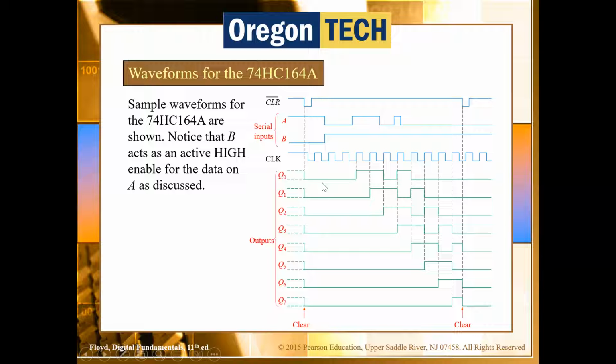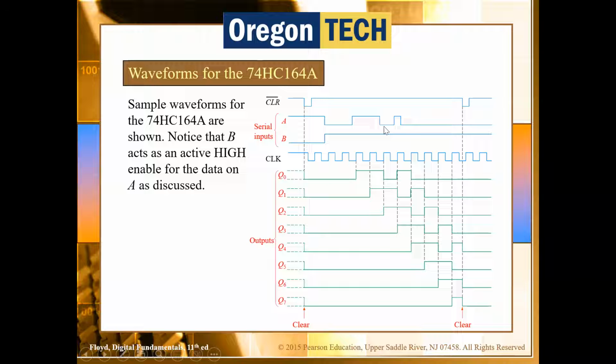And my serial input A, as we follow it, when we have B high, it will start from here: A low, another clock A low, then another clock here we have A high, I am following it, another high.